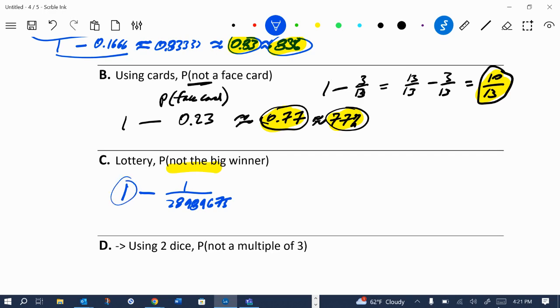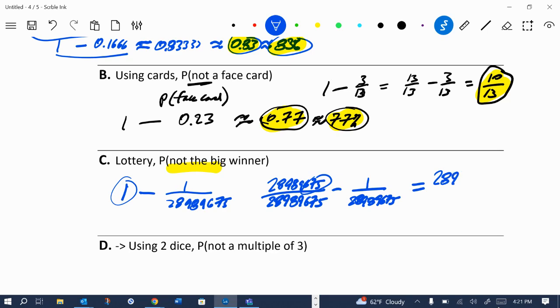Well, that means this 1 would have to become that same fraction, 28,989,675 over itself, to remain being a 1. Subtract 1 over 28,989,675. Well, that's just subtracting 1 from here.